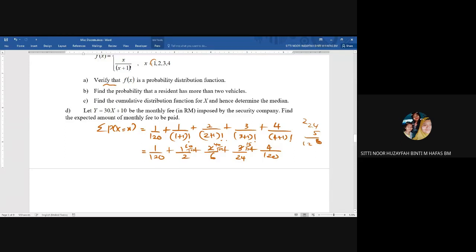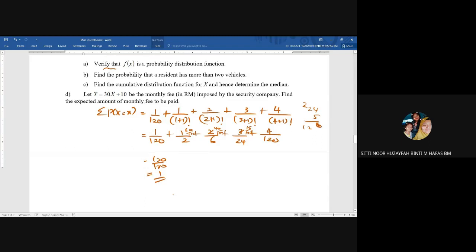So, total up everything. 1 plus 60 plus 40 plus 15 plus 4 is equal to 120 over 120, which is equal to 1.